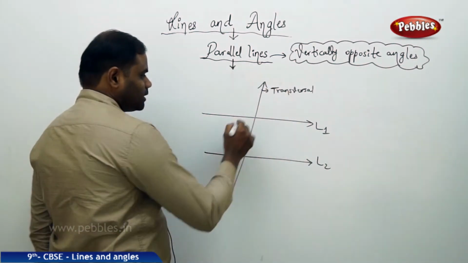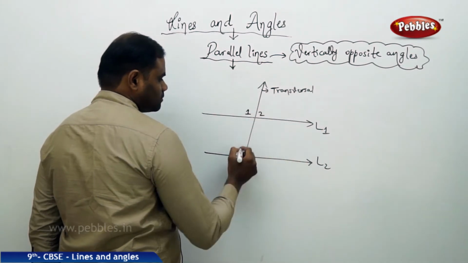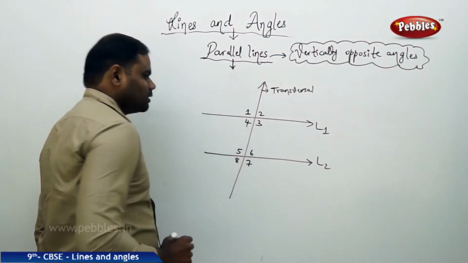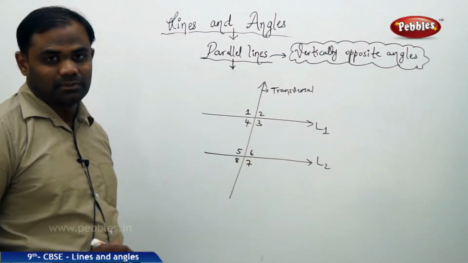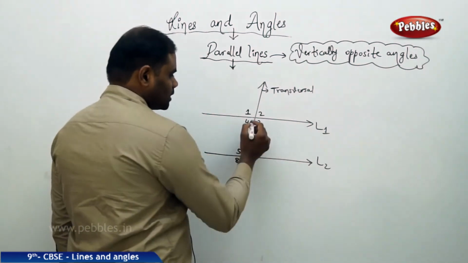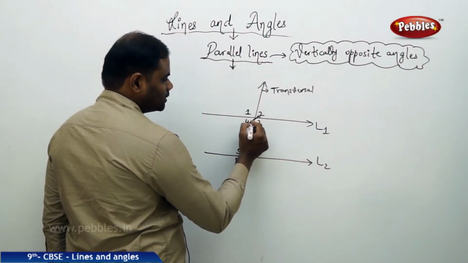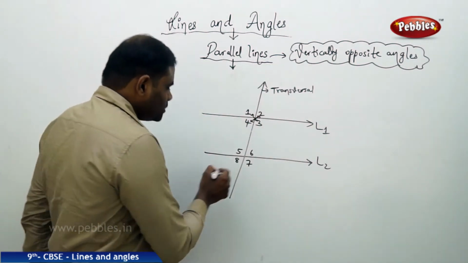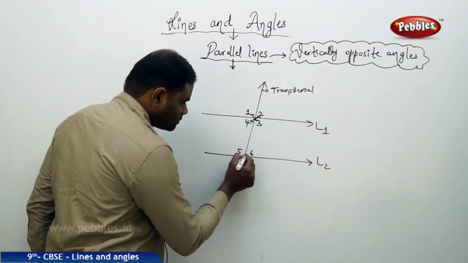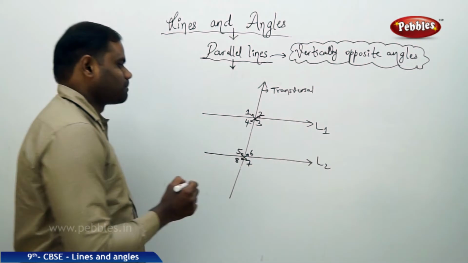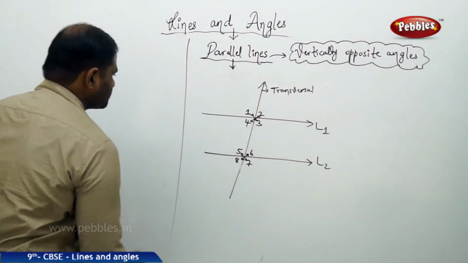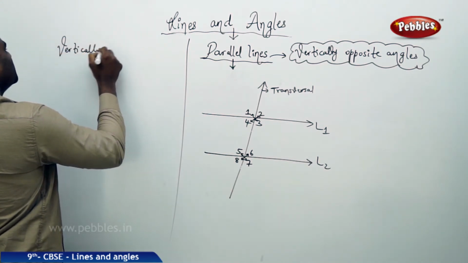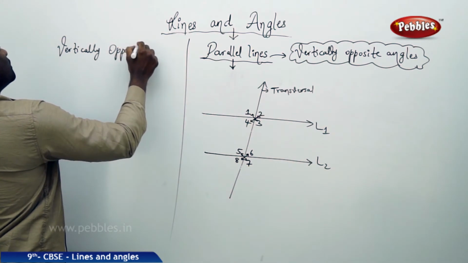Now we know that there are 8 angles made by the lines with the transversal. Vertically opposite angles are the ones which are opposite each other, as we have already discussed. These two are opposite and these two are opposite.